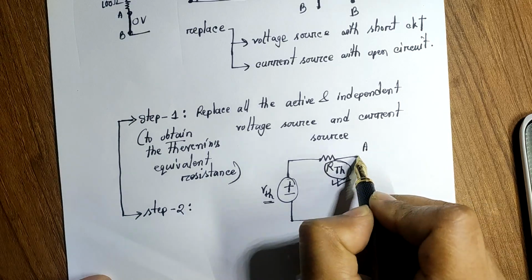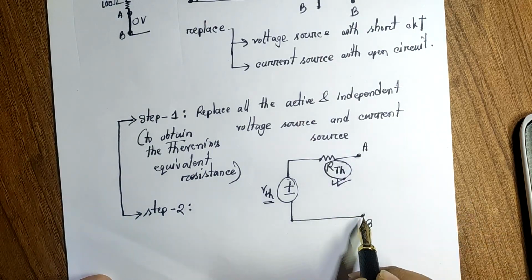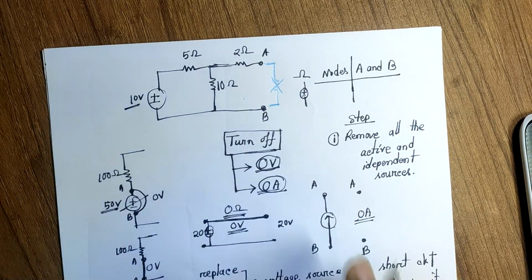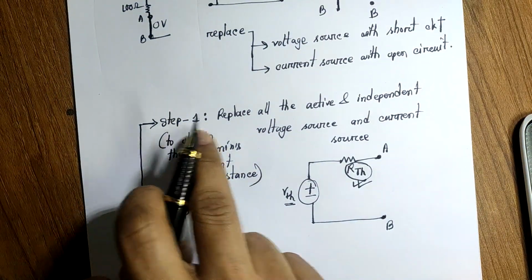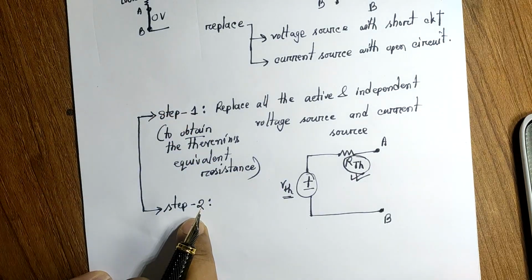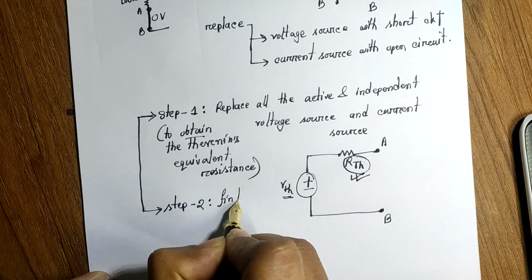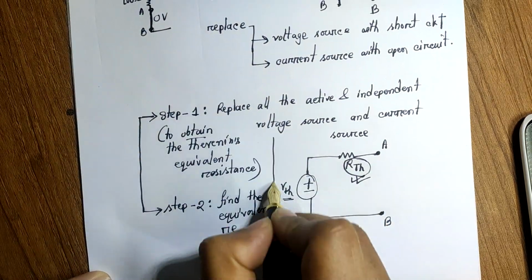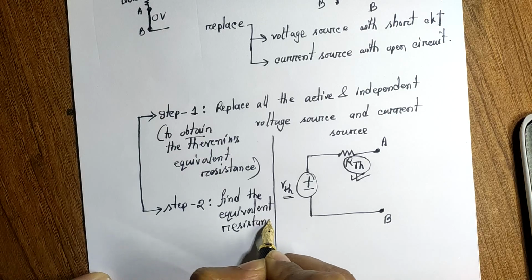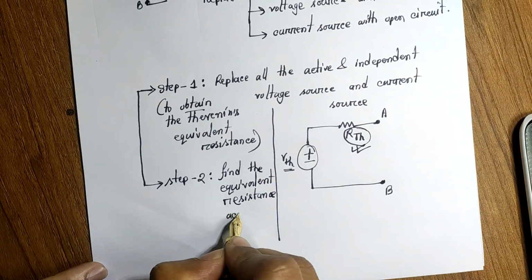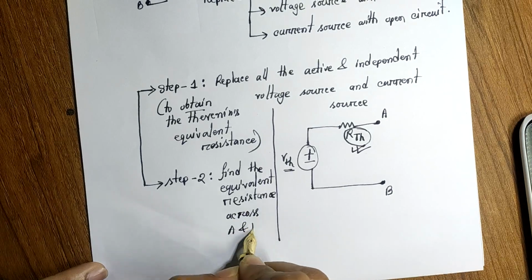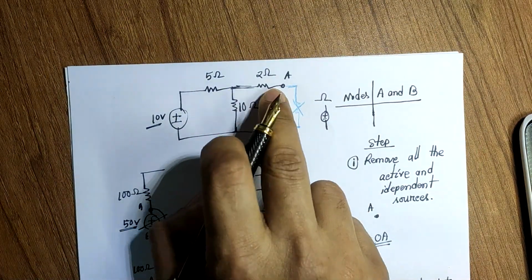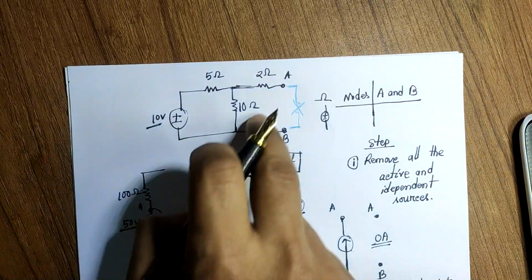And we have to keep in mind the two terminals A and B. Like here, we numbered this as A and this as B. So in order to find the Thevenin's equivalent resistance, this is the first step, and in the second step, you will find the equivalent resistance across A and B. So first we have to remove the load and provide A and B as the terminals across which we want to find the Thevenin's equivalent circuit.